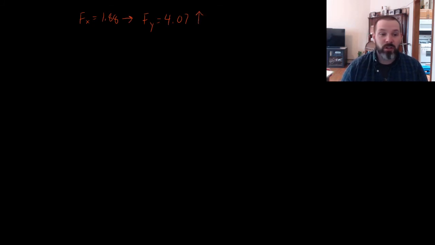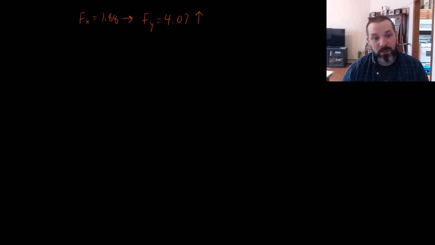We want to know the resultant, and the resultant we find from the Pythagorean theorem. But we also want to know the angle. So we have two unknowns, but we can find the resultant using trigonometry.